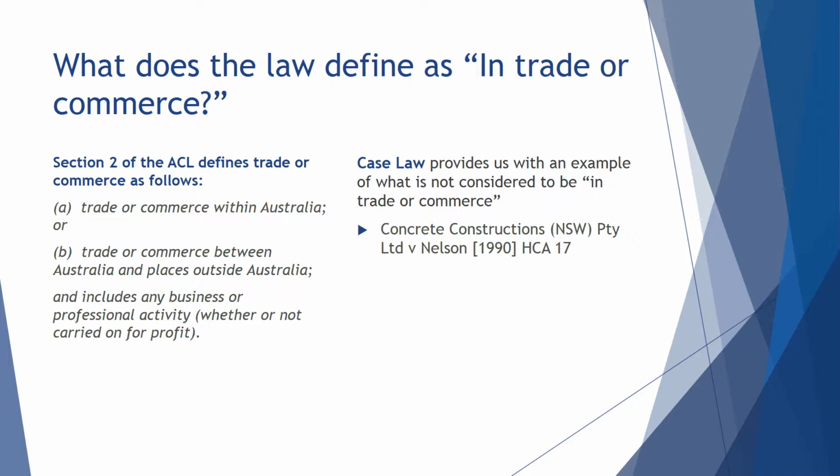Fortunately, the Australian Consumer Law actually does define trade or commerce, and it basically says within Australia or between Australia and places outside of Australia, which includes business or professional activity, which is really key here, whether or not it's carried on for profit. As I mentioned, we're going to look at a case which helps define more so what isn't included in trade or commerce.